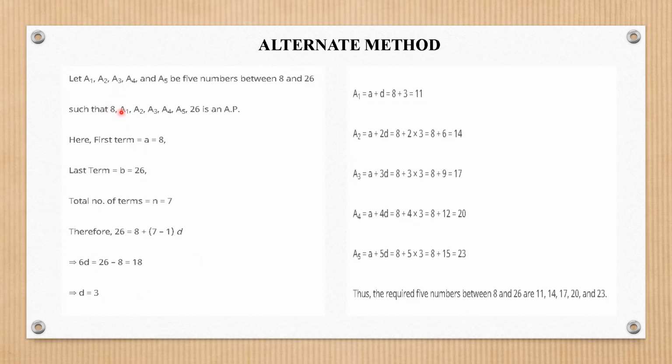The second one, A1, will be A plus D, then A plus 2D, A plus 3D, A plus 4D, A plus 5D, and this is A plus 6D that we calculated from here. By putting the values of A and D, we get A1 as A plus D, that is 11, A2 as A plus 2D, 14, A3 as A plus 3D, 17, A4 as A plus 4D, 20, and A5 as A plus 5D, that is 23. So the required 5 numbers can also be calculated in this way.